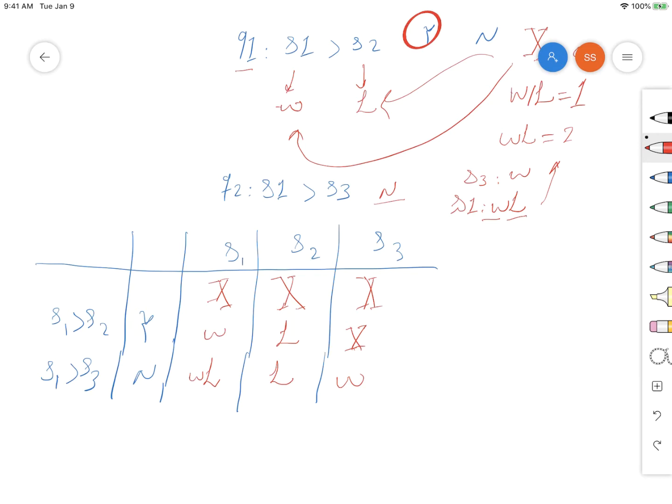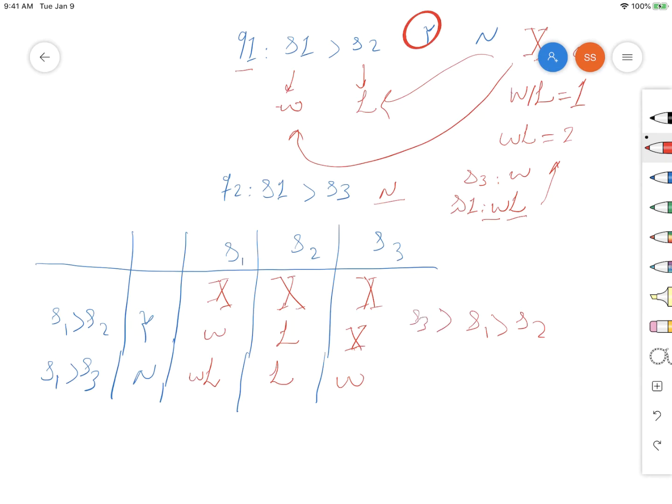So it means that, for example, what we found so far is that S1 is greater than S2, but it's less than S3.